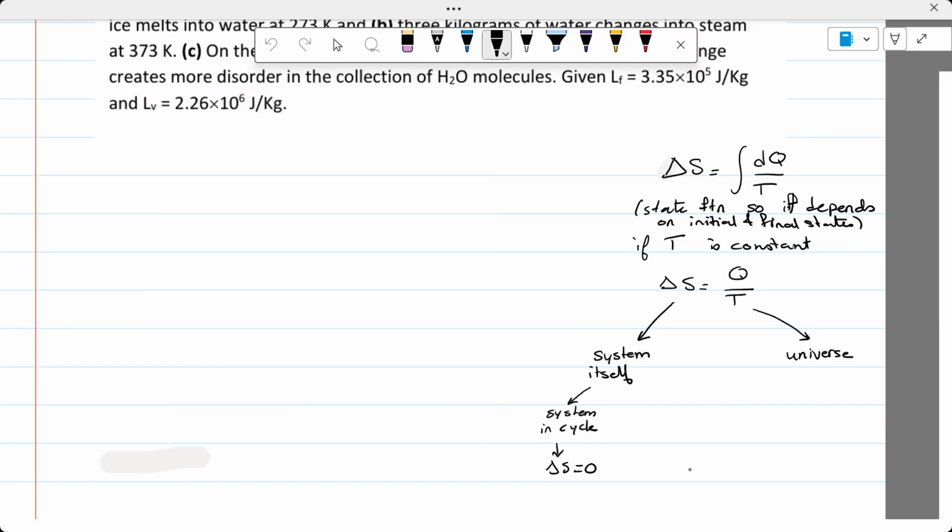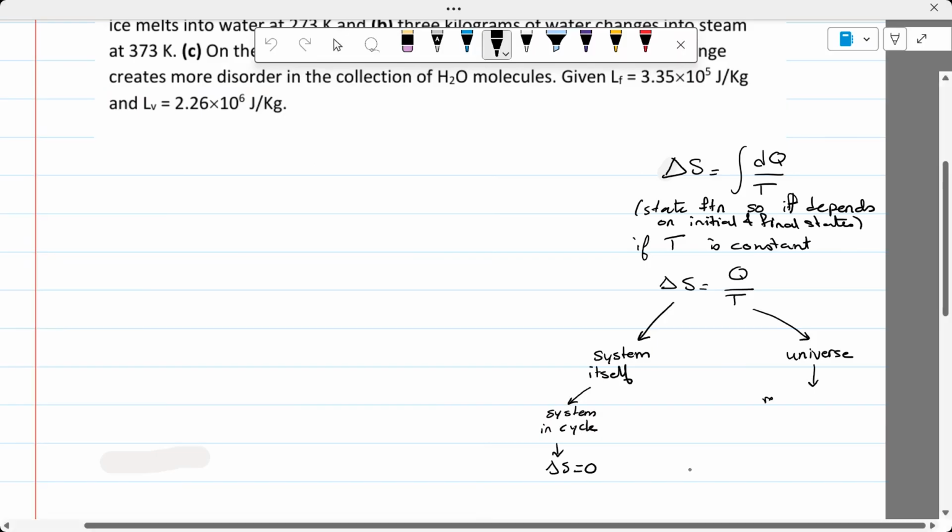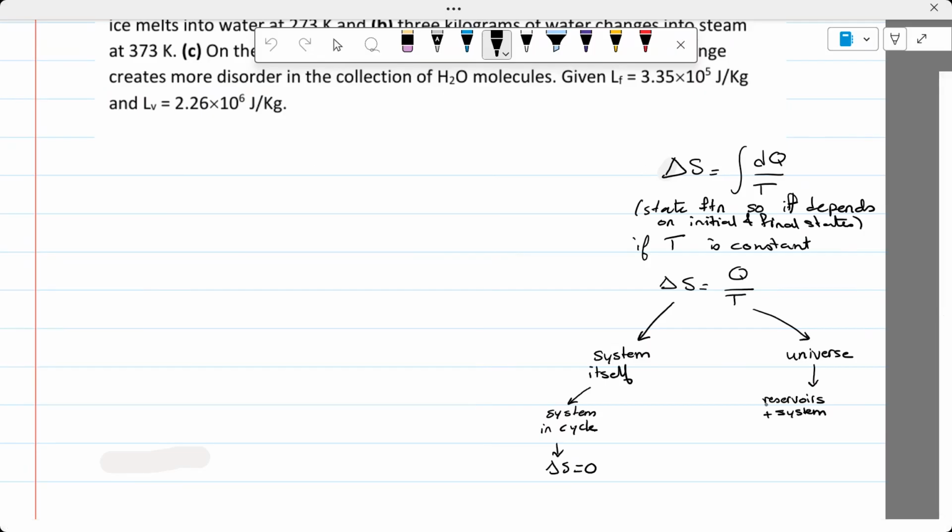For the universe, this is not necessarily the case. We're going to have to see what happened in the reservoirs, namely, plus what happened to the system itself. If the system is in a cyclic process, then the change of entropy is essentially zero, and then you check just what happens to the reservoir.